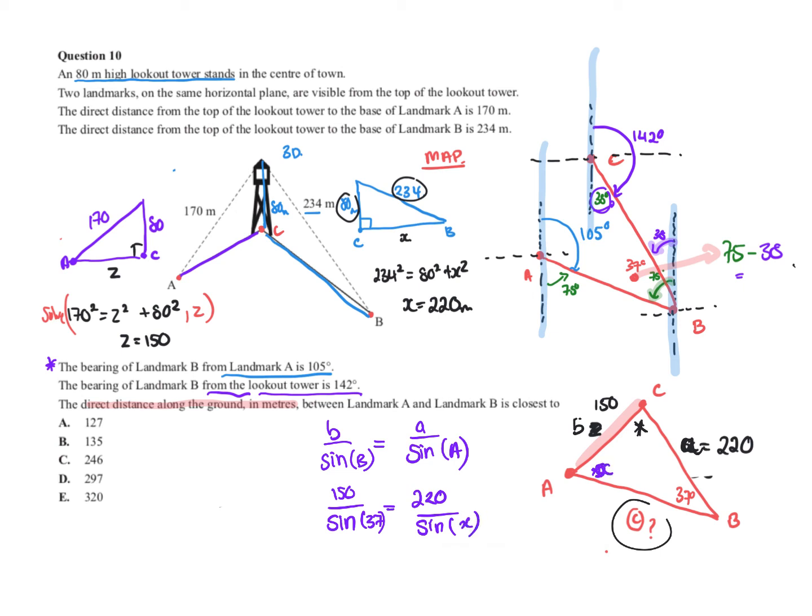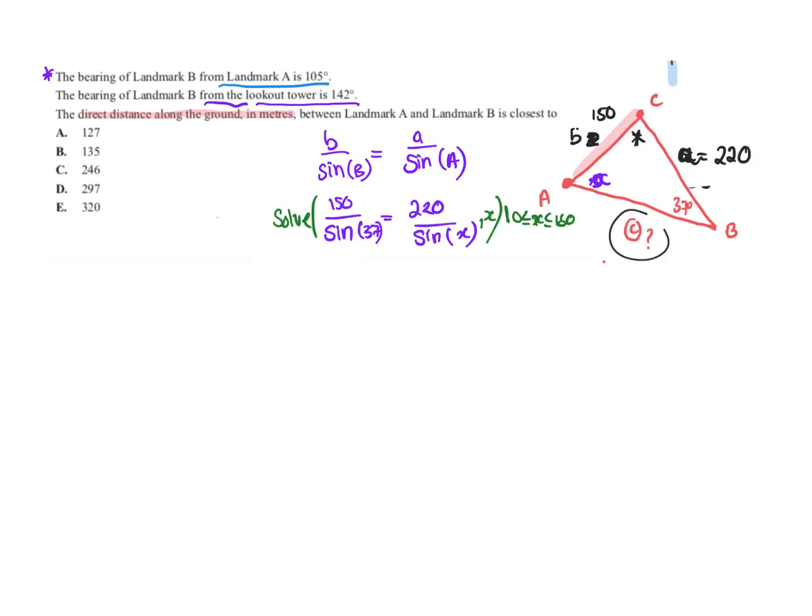Okay, so if we remember on our calculator, we're going to put the solve in when we're finding an angle using the sine rule, and then we're going to set the restrictions for the degrees. So let's do that. Okay, so I'm going to transfer this onto a new page so I can keep working. So we've set this up and we're putting this on the calculator.